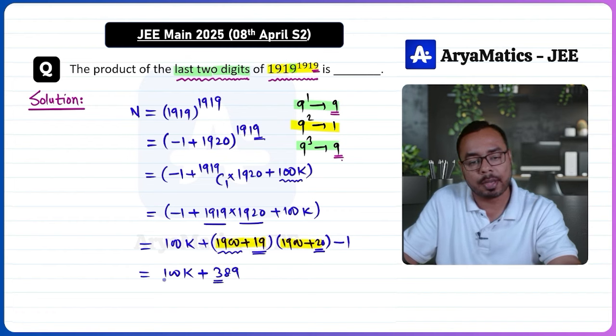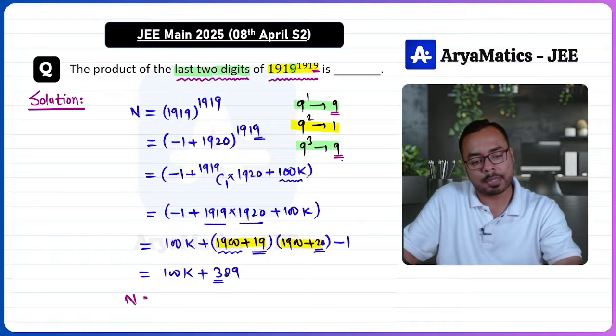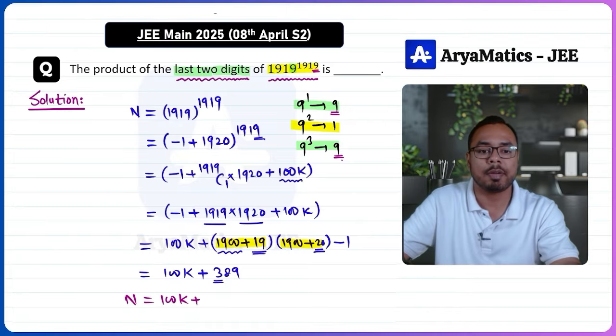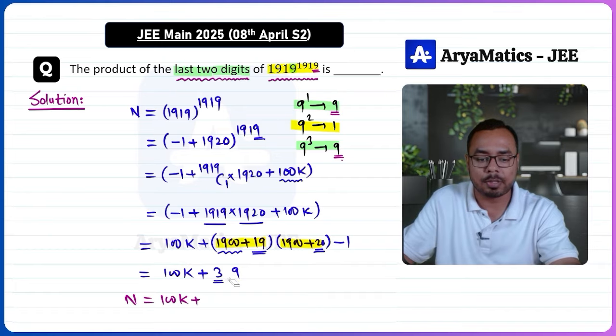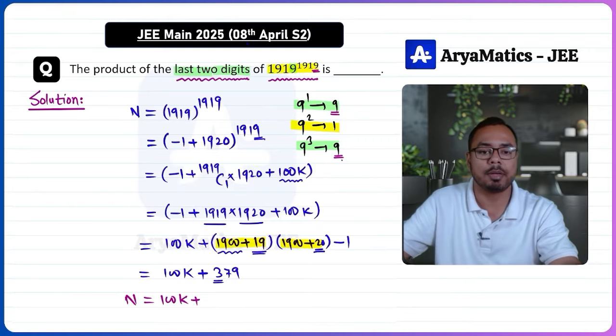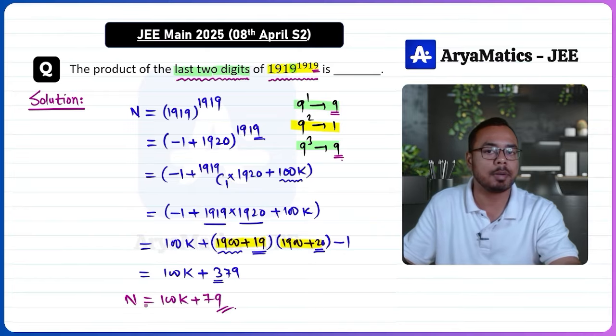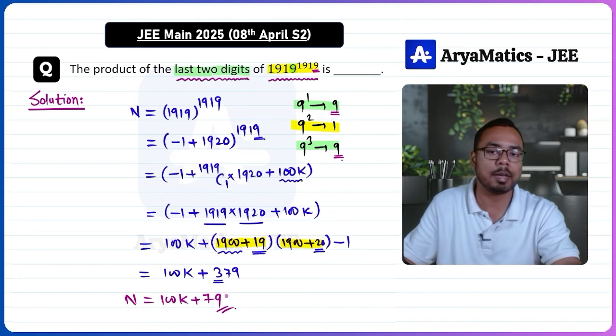Now again, this 300 you can adjust with 100k, so finally the number n will be some multiple of 100, and the last two digits will be 80 minus 1, so this will be 79, right? Multiple of 100, and then 380 minus 1, that is 379. 300 we can write as a multiple of 100. So finally, this is the number: some multiple of 100 plus 79.